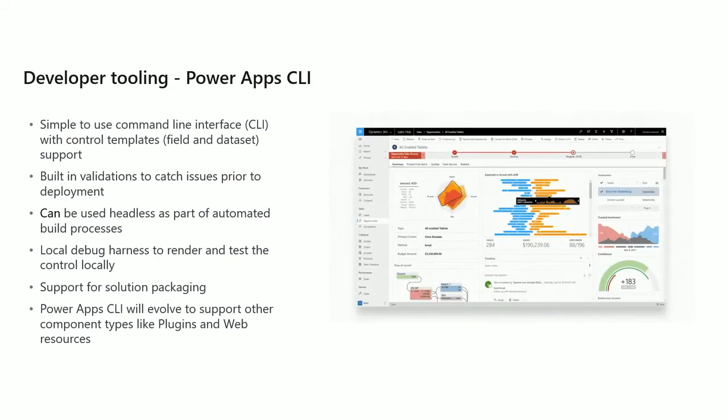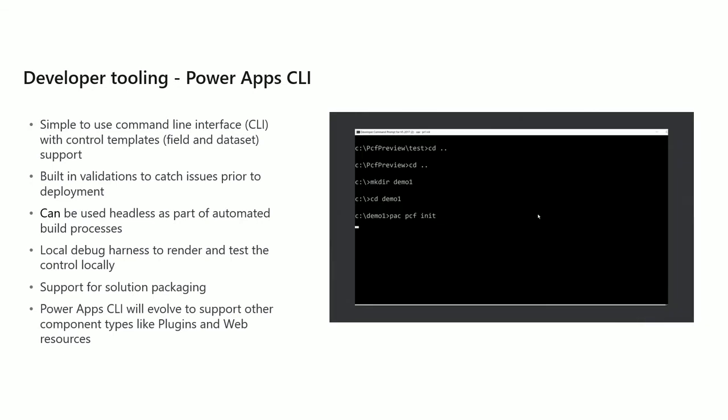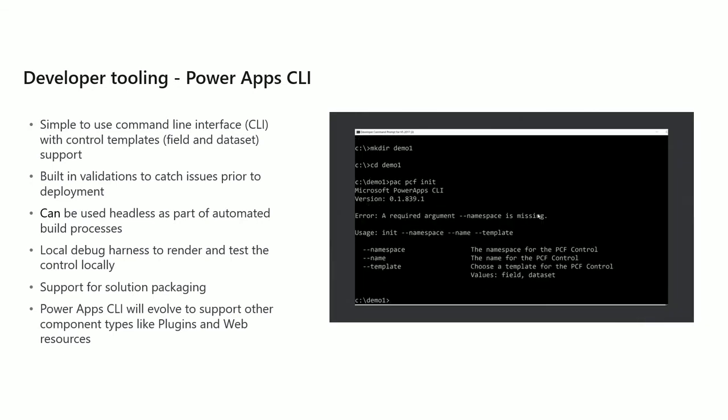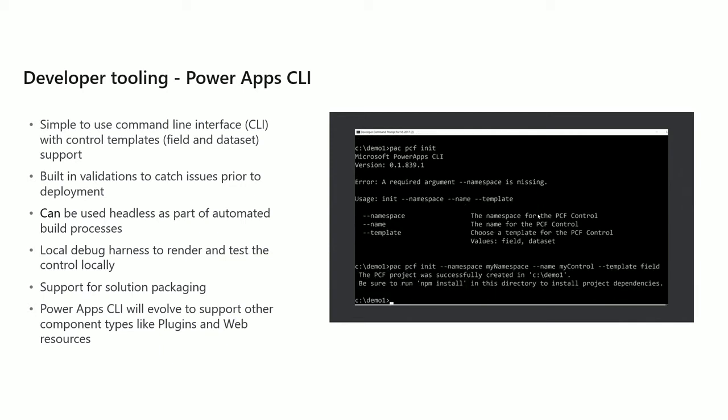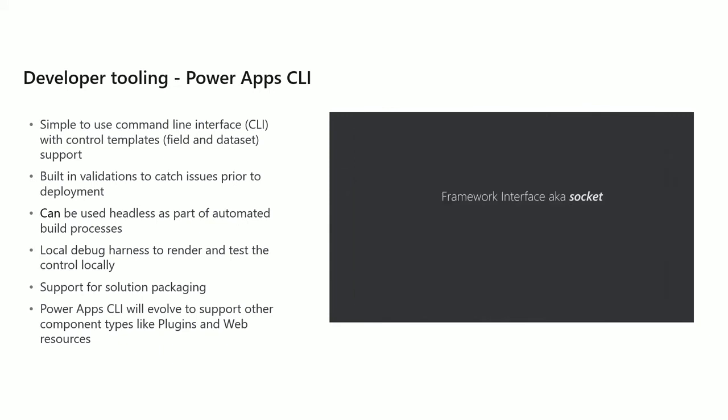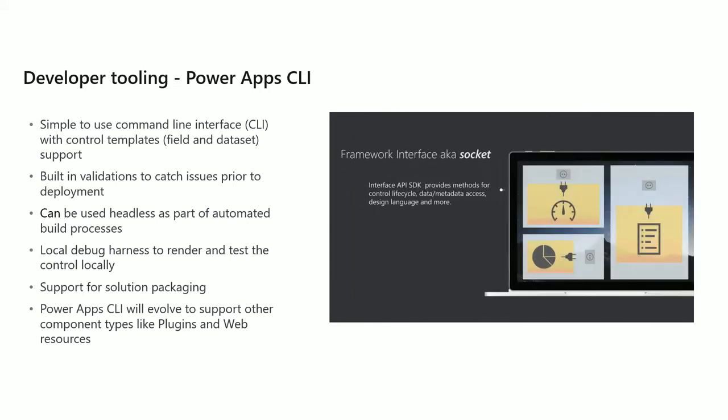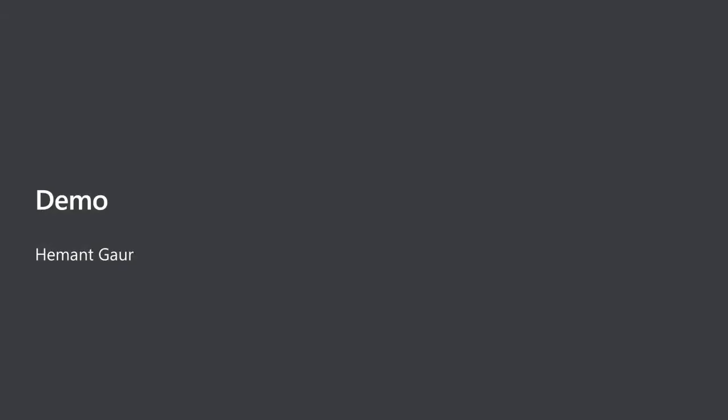Again, repeat the process, right? So one of the core advantages which CLI tooling provides is that on the client, without a server at all, it can boot up the control and you can see it right on the client. And with the capabilities we added over time, it really improves the dev inner loop. So as you make changes, it will automatically compile them, and in your browser, you will see how the control is responding. So I'll show you that too.